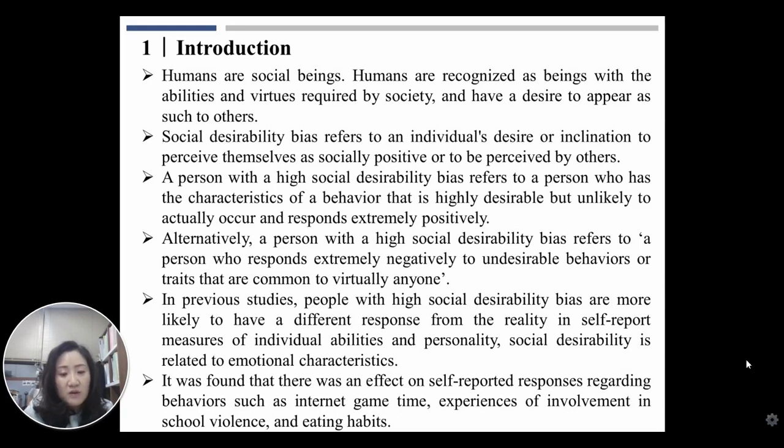The positive degree of perceived or reported self compared to the actual self is called social desirability bias. Social desirability bias refers to an individual's desire or inclination to perceive themselves as socially positive or to be perceived so by others.